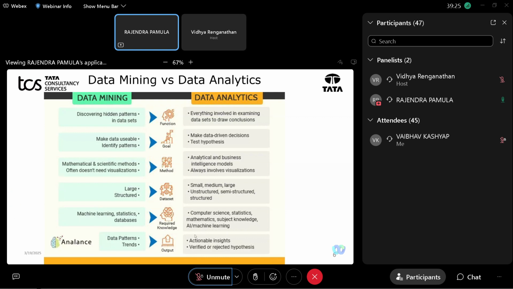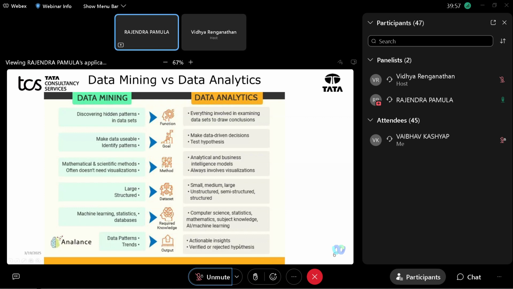Whereas in data analytics, we need to know the same things, but subject knowledge is also required. We are talking about one particular area, so that area topic is required. Finally, the output is represented in the form of data patterns, whereas here we ask whether they are verified or not verified.